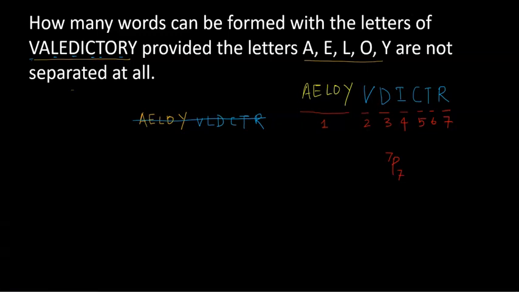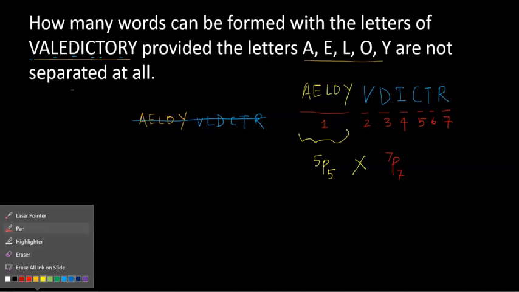The second part of the problem is that these five can also be shifted amongst themselves. They can be arranged amongst themselves in 5P5 ways. So my answer is very simple here.